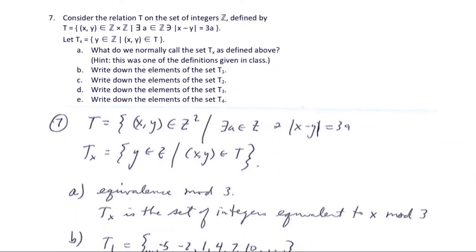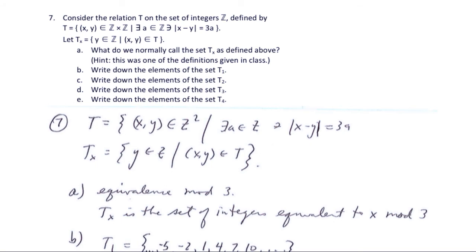The next two problems are generalizations of the first one, and here we have the same thing. We call it T, and now the distance between the two elements has to be a multiple of 3. Okay, so 3 times a for some a in the integers. And here I write out that definition.